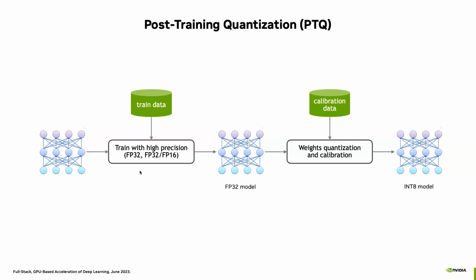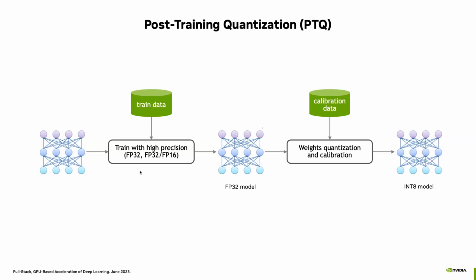But at the same time, we may also want to quantize the activations, the inputs. So in this case, we need to collect some representative data to help us collect the distribution of the inputs and the activations. And then following the same way, we can quantize the activations as well.